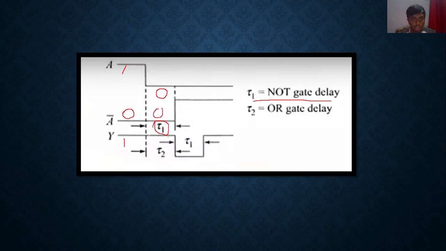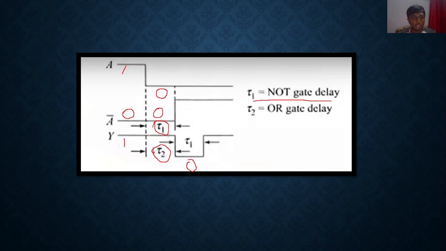So 0 OR 0 is 0, but due to the OR gate delay, it remains 1 itself. The OR gate delay is represented by tau 2. After some time, we can see the output y changing to 0.